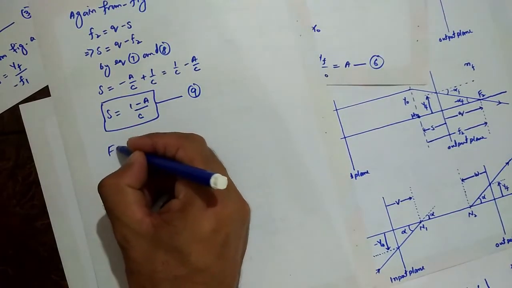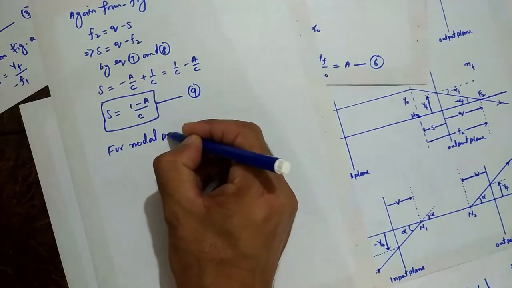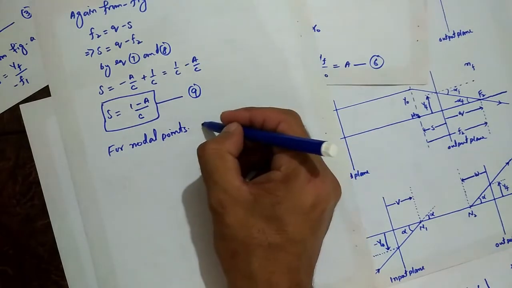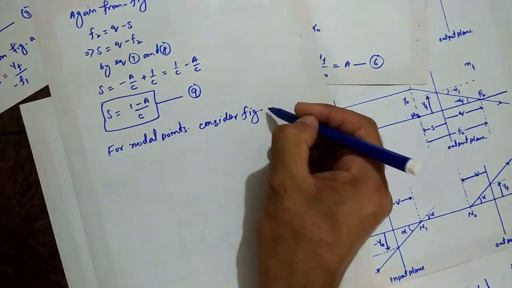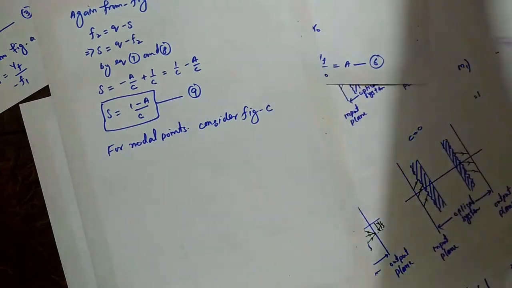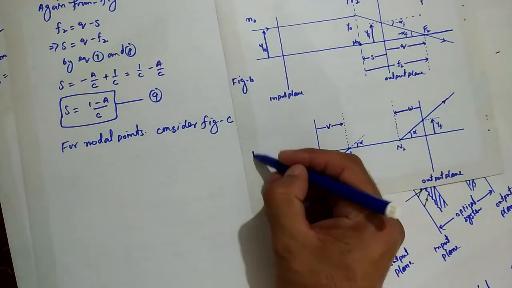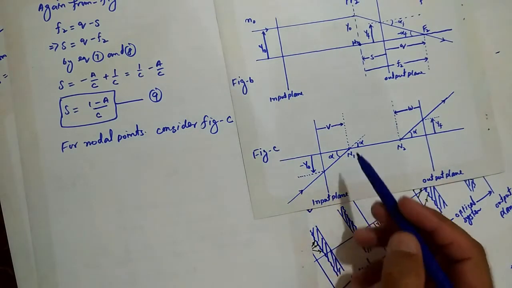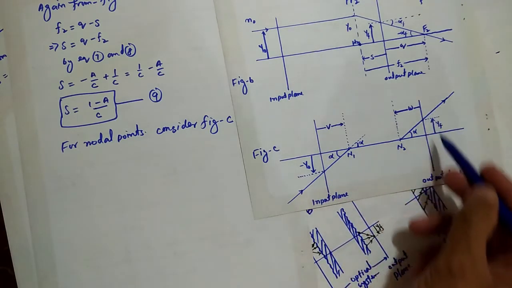For nodal points, consider figure C. So this is figure C now. This is the input plane, this is the output plane.